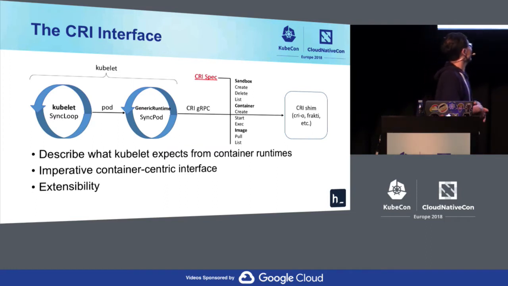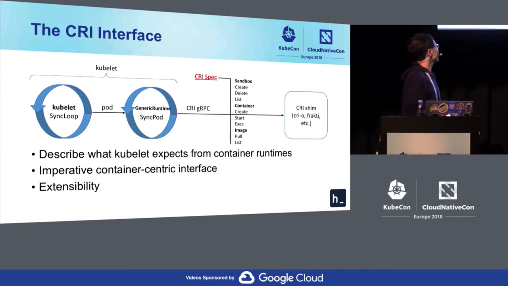And here is a brief introduction of the CRI interface. The left part is about the kubelet itself. There is a sync loop of the kubelet for pod lifecycle management, and then it uses the generic runtime to manage the runtimes. In the middle is the CRI interface based on gRPC, and the runtime part is mainly about the sandbox and the containers.